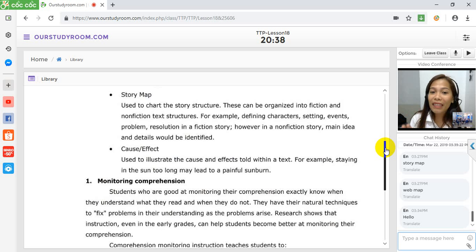They use the words that they understand, and they deliver the story again in their own opinion. So that's the way to check if they understand what they are reading. Okay, so that's it for metacognition.